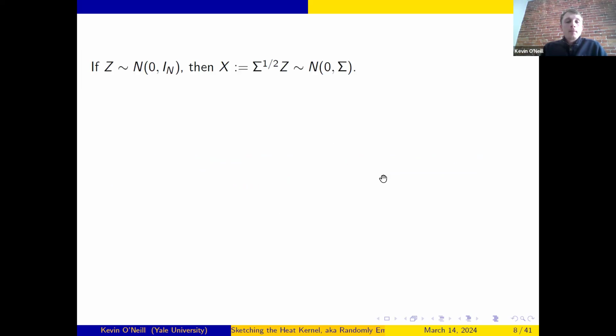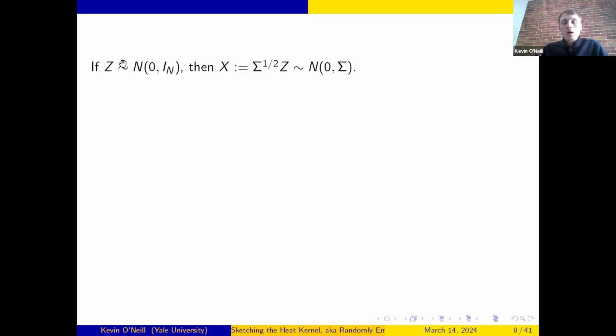Okay, so how do we do that? You may have seen in a math and data science course, or a statistics class, that if you have some random variable which has a covariance matrix which is not the identity, and you multiply by the inverse square root of that, then you end up with your standard multivariate Gaussian.